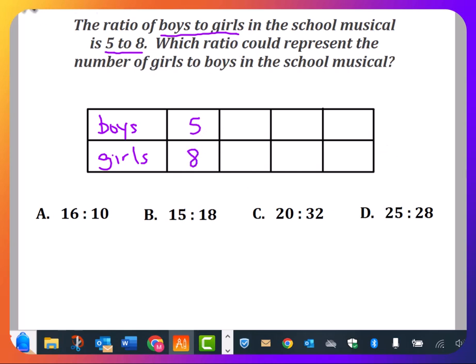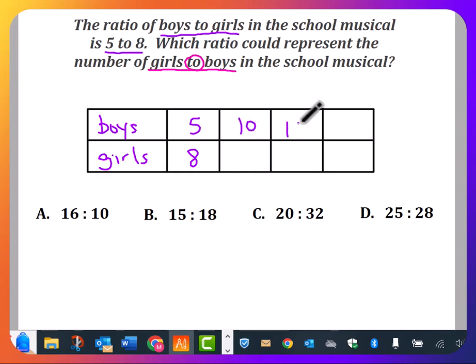Now this one can be a little tricky because it wants us to give the number of girls to boys. So it's switching the order on us, isn't it? But that's okay, we can do this. Let's go ahead and use our ratio table. Let's list multiples. If we're going to go 5, what's the next multiple for 5? 10.